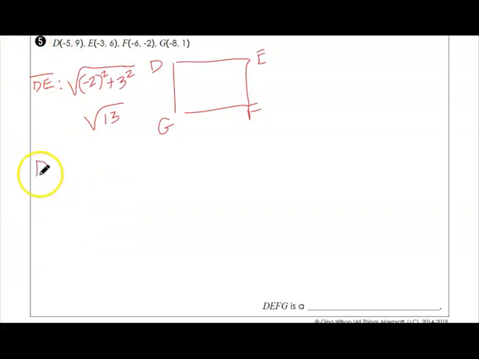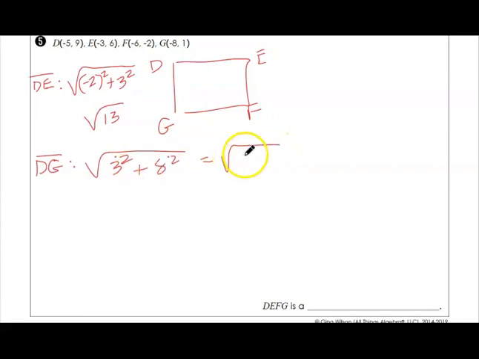And now let's find DG. Negative 5 plus 8 is 3 squared, plus 9 minus 1 is 8 squared.